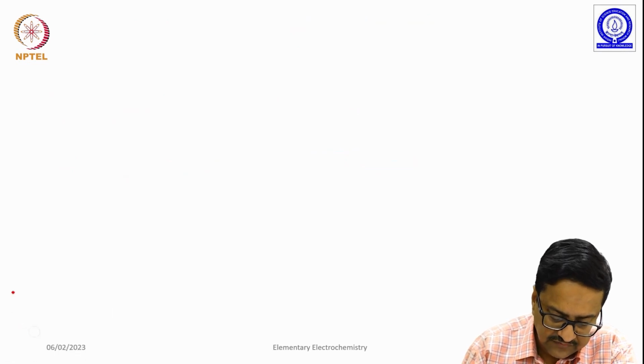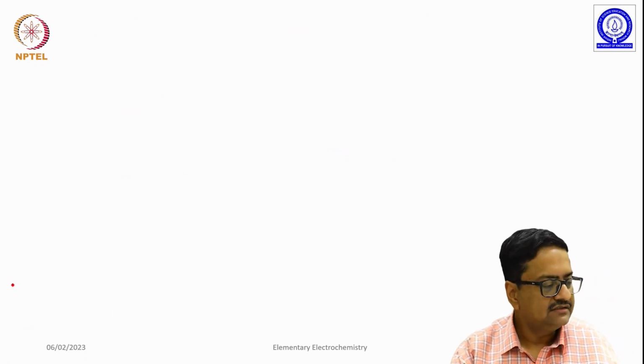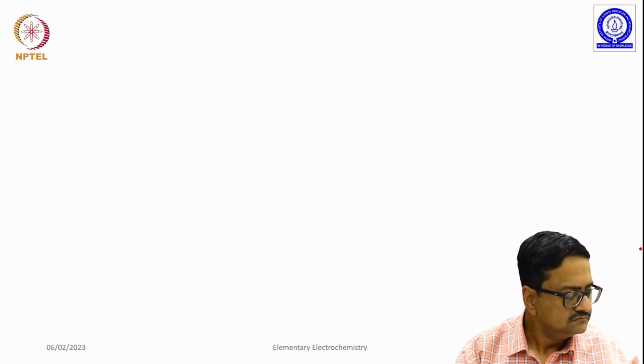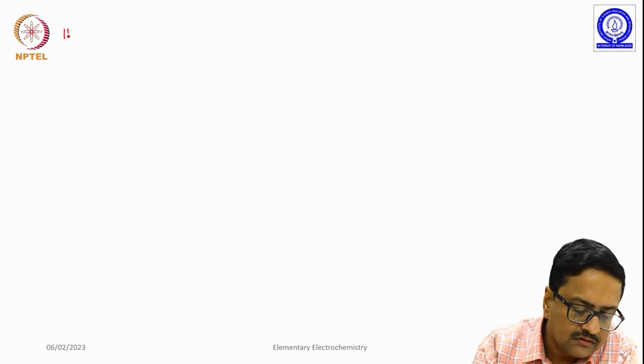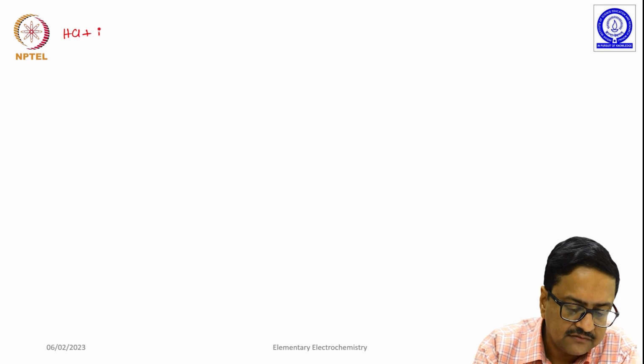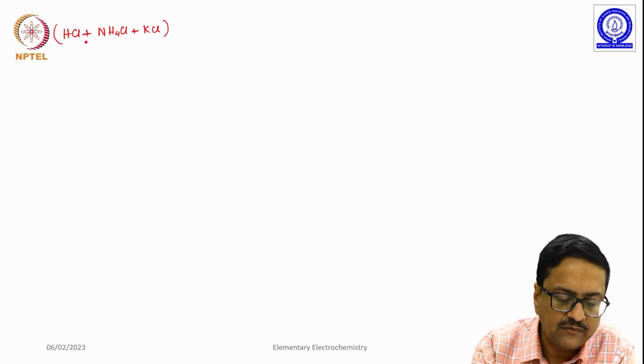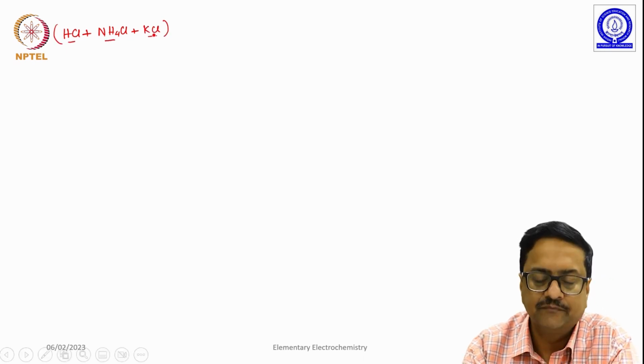So the third problem that I gave you is a mixture of three compounds: HCl plus NH4Cl plus KCl. I wanted to know the concentrations of these three components individually.